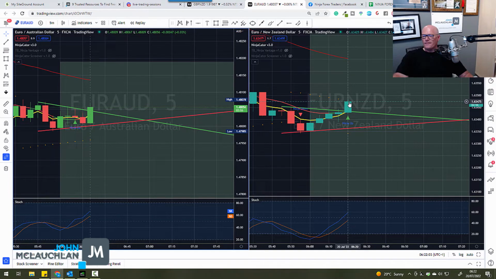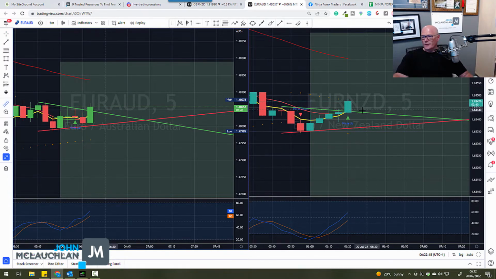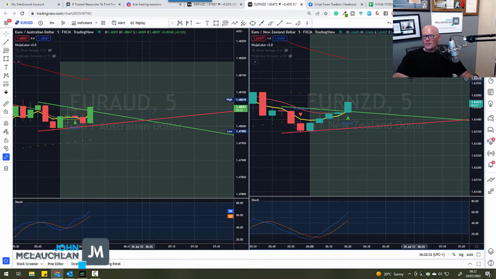That's what it's done, and it's flipped. That's where the PSAR is now. We've now got the ninja up alert. So potentially with this one, if price continues and it's above the green trend line and it forms a new candle, so we've got a gap between the trend line and the body of the candle, and it keeps going in the right direction, then potentially we could get 10 pips out of that one. So that's the Euro NZD.